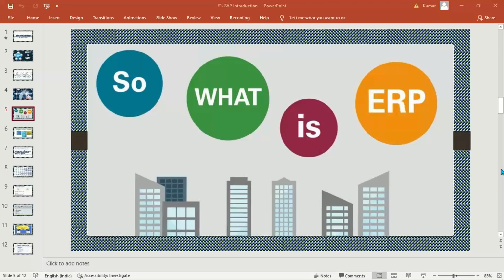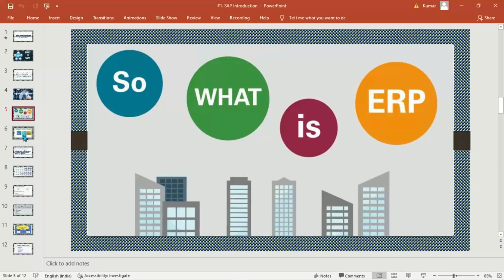Enterprise resource planning, right? Even that is also the full form only. Here I have seen in the group somebody wrote: enterprise is an organization, resources are manpower, capital, and all, and planning is that we have to plan as per that. Okay, great.